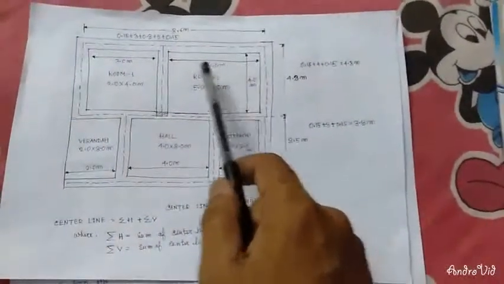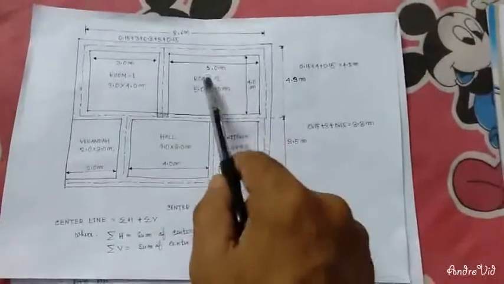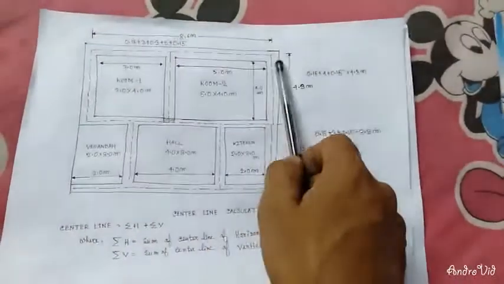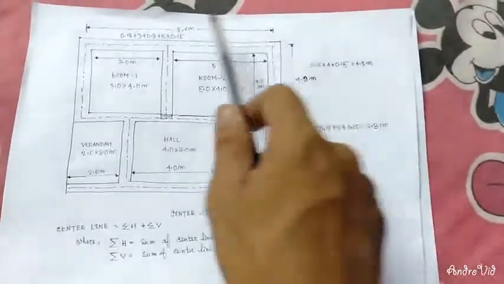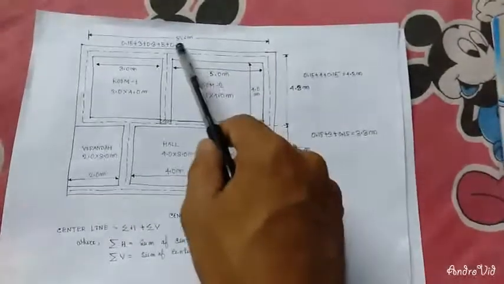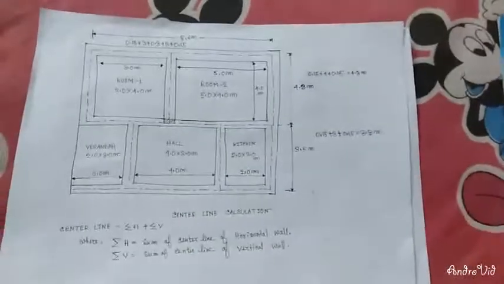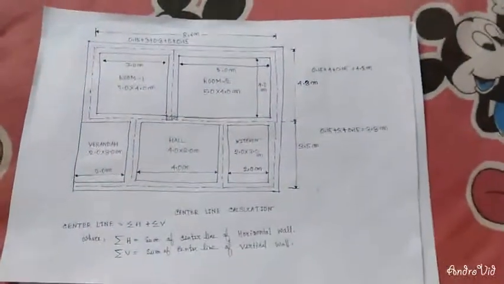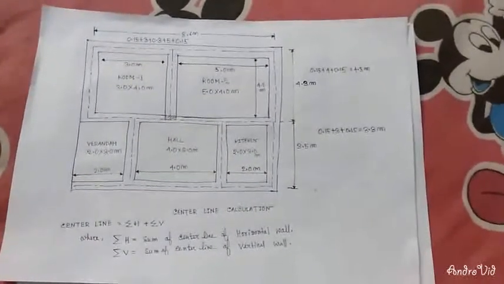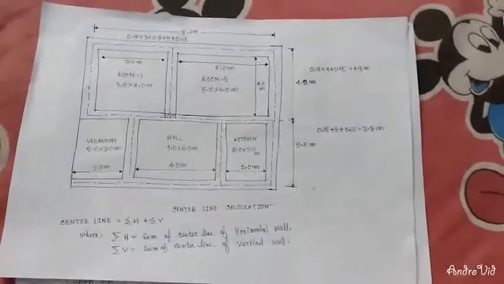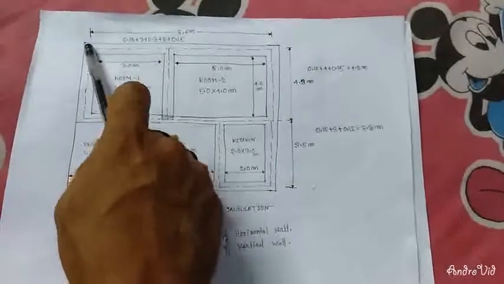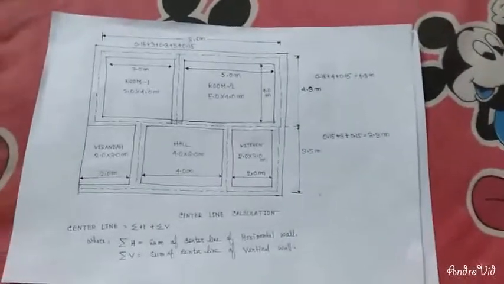The in-to-in horizontal dimension of room 2 is 5 meters, given in our plan. So plus 5, and for this side we have to consider again half of the wall thickness, so 0.15. So total length is 0.15 plus 3 plus 0.30 plus 5 plus 0.15, and that is 8.6 meter for this horizontal wall. The center line distance is 8.6 meter.